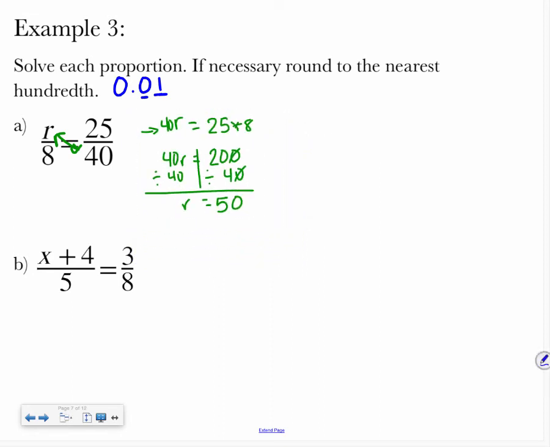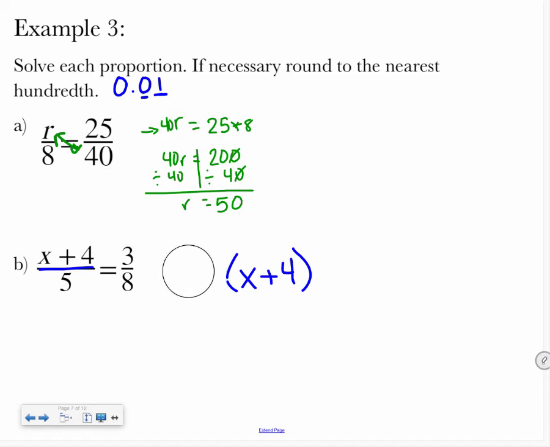Let's try it a little step further with difficulty. If you notice on the left-hand side of part B, we have x plus 4 over 5. So our variable isn't completely by itself yet. Let's rewrite it. We have 8 times, and remember, it has to multiply both, so 8 times x plus 4.